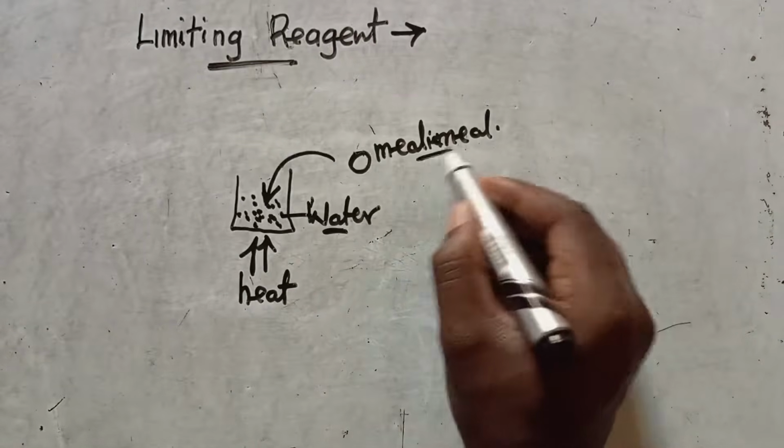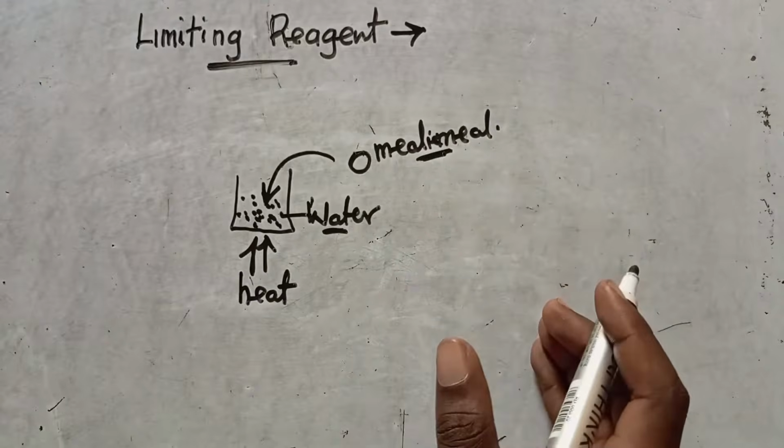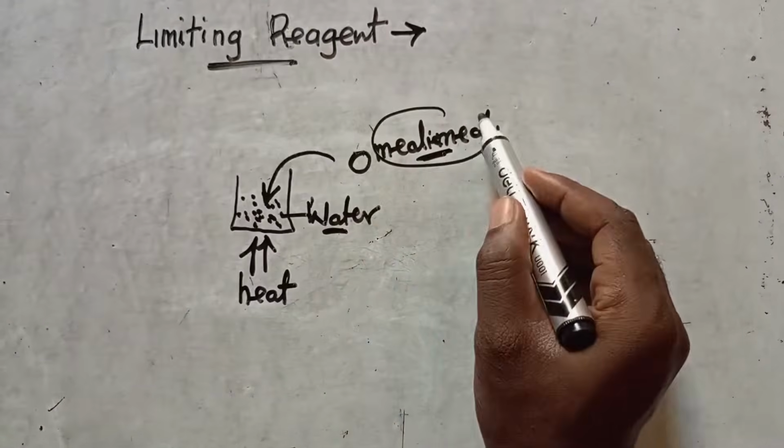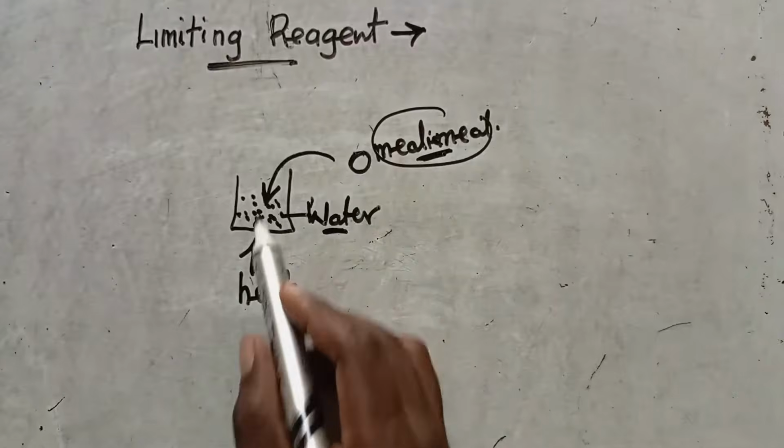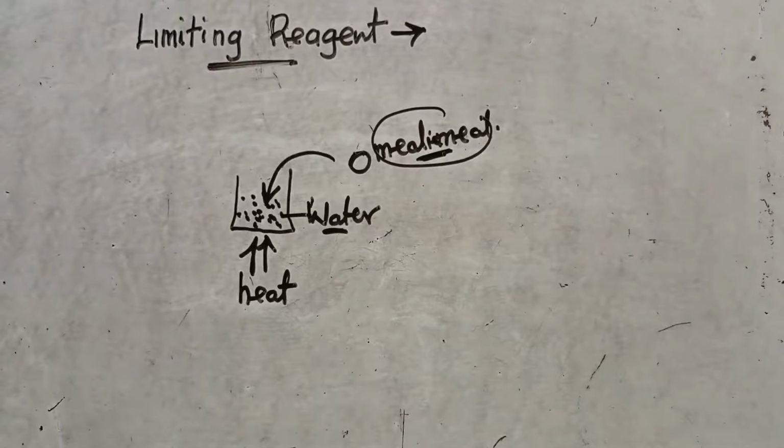Meaning that mealie meal is the limiting reagent. It has finished before the end of the product that we want to find. So in other words, a limiting reagent is a reagent that is in short supply by the mole ratio. Hence, it finishes before the other reactants are completely reacted. That is a limiting reagent.